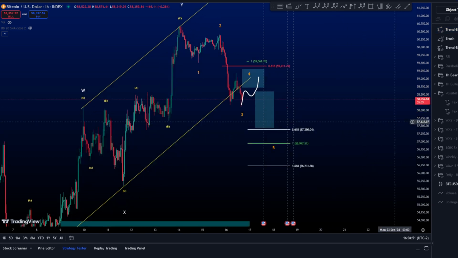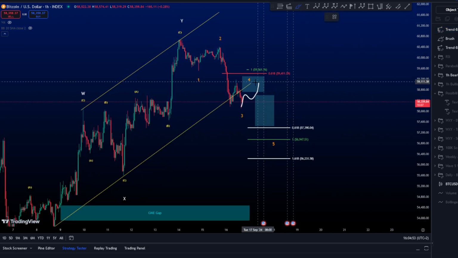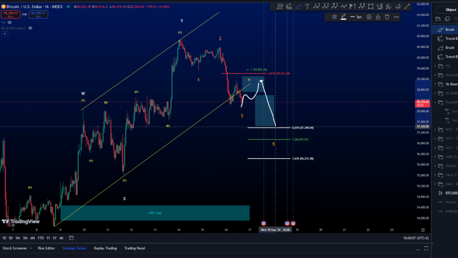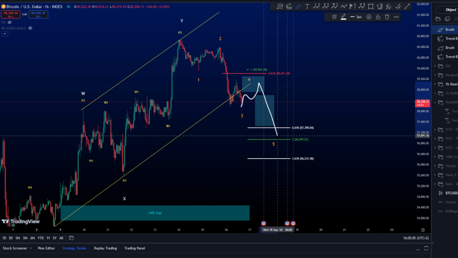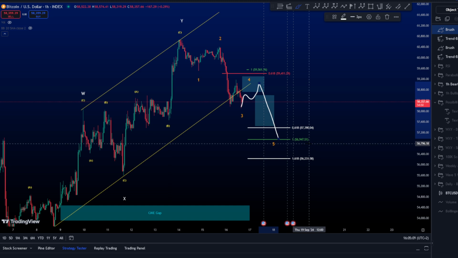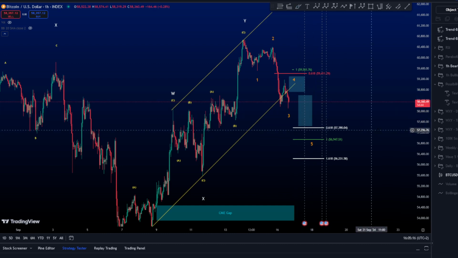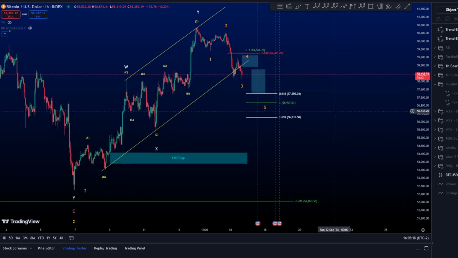So potentially your first target can be taken from the start of your wave 4 and hitting almost the 0.618, 57. This is a primary target. Your most common target is the 1-to-1 at 56,950 almost. So these are the targets for this impulse that it might reach sooner or later.